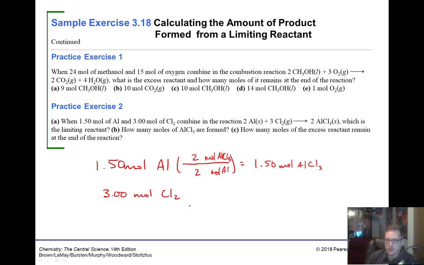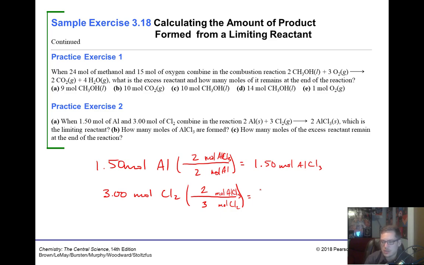Now we have to see if chlorine will make more or less. So now we're going to assume our chlorine is going to react all the way. We'll put moles of Cl2 in the bottom and moles of AlCl3 in the top, using the mole ratio: there's a 3 with the Cl2 and a 2 with the AlCl3.